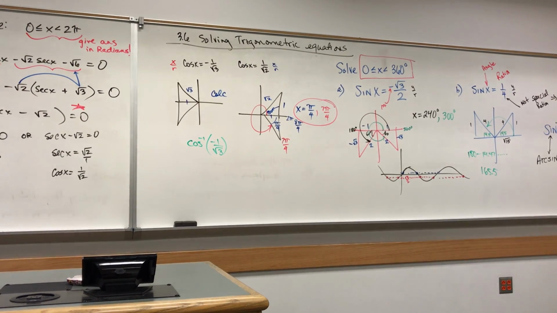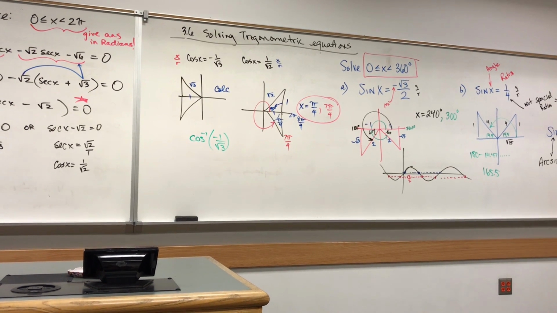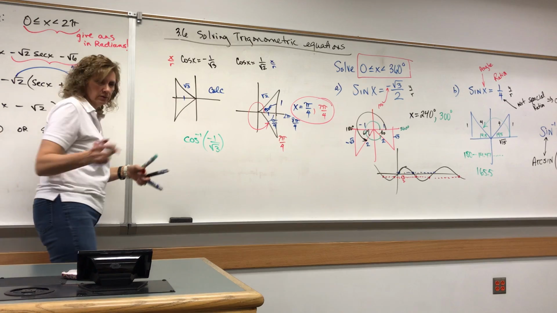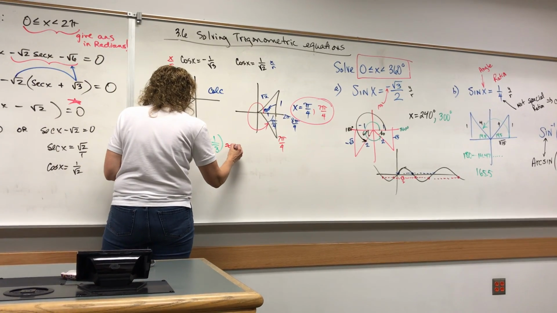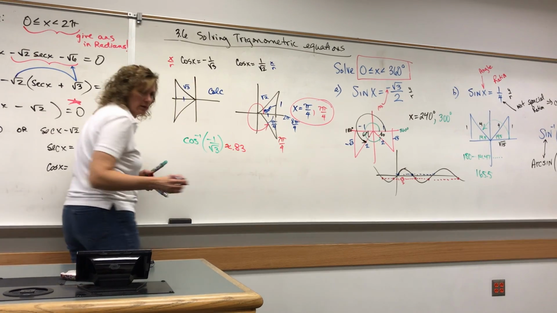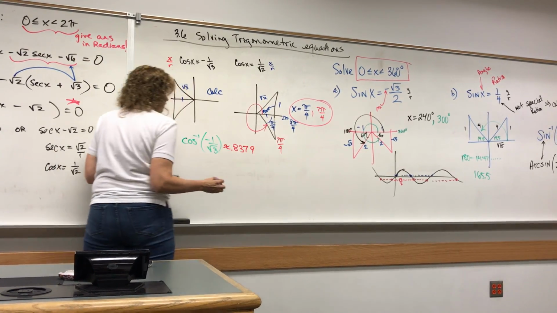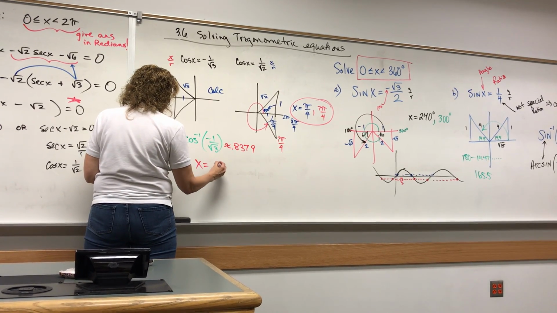Do they do hundredths or thousandths later? Nearest tenth of a degree, oh, that's right. Anyway, let's just do it to the hundredth. 0.8379. All right, so our angle for x is 0.84.